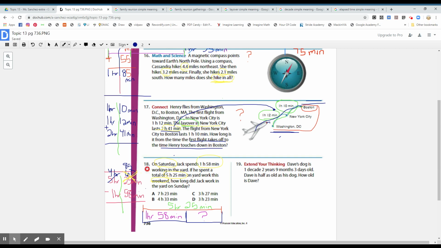All right, 5 take away 8. And if you say we cannot, thank you, we cannot. We need to regroup. So the 8 becomes a 7, gives me a 1. I'm now a 15. Circle it, boys and girls. Okay, 15 take away 8. And if you don't know, you know you can count up.